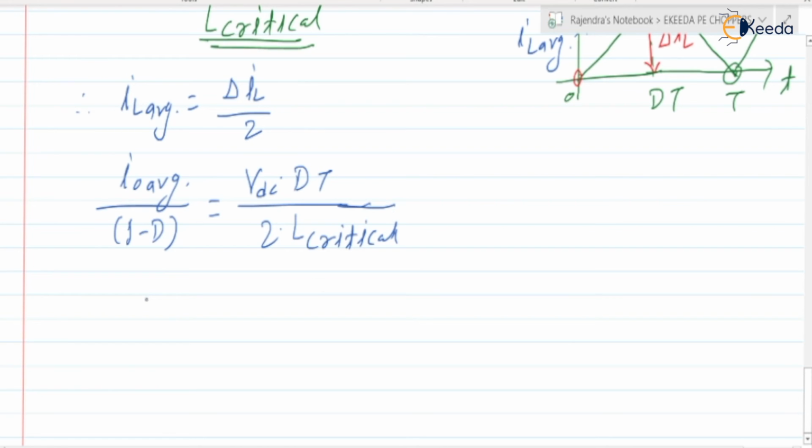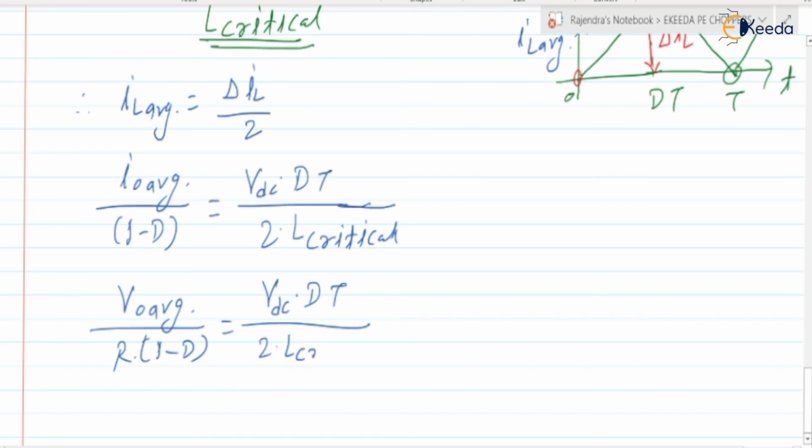Now, can we replace this I0 average with V0 average by R? It is V0 average upon R into 1 minus D, into 1 minus D, is equal to VDC into DT divided by 2 times L critical.